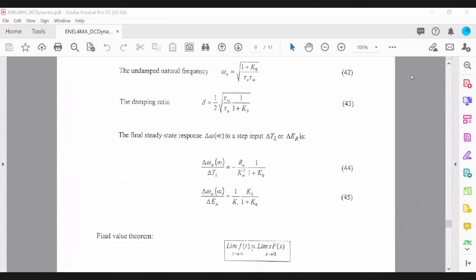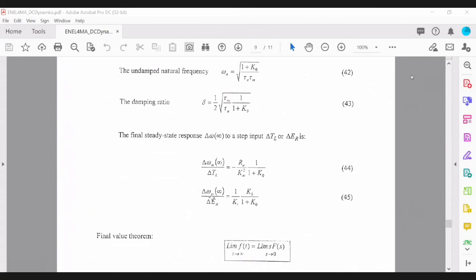We're saying as t tends to infinity in the time domain, achieving steady state, the final value theorem in the S domain becomes the limit of sF(s) where s tends to 0.